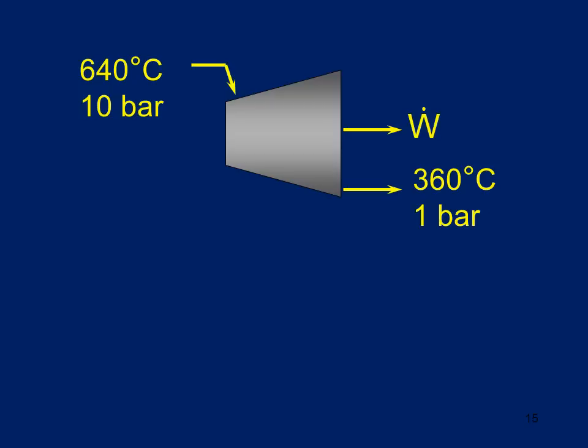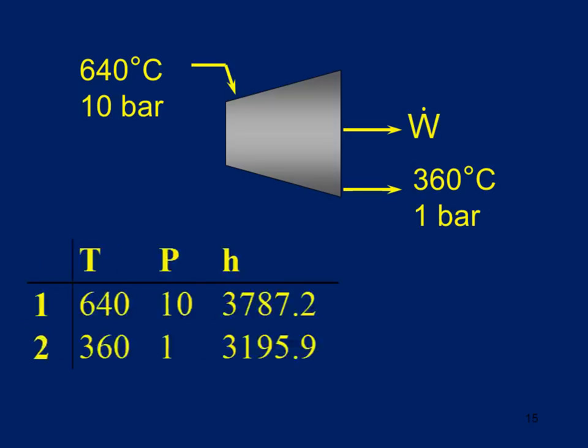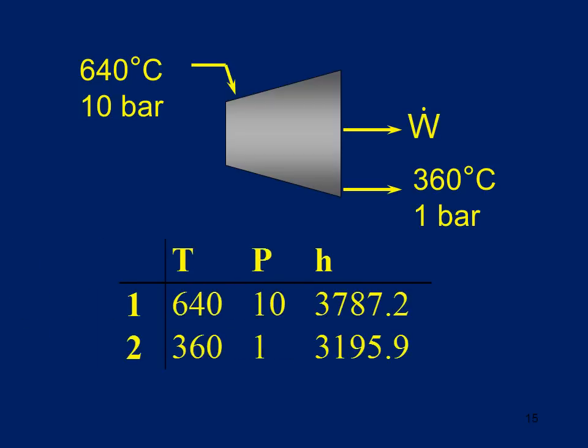Okay, so I'll set up a table for my properties, and I've given you two properties in the problem statement. 640 and 10 bar gives you an H of 3787. 360 and 1 bar, H is 3195.